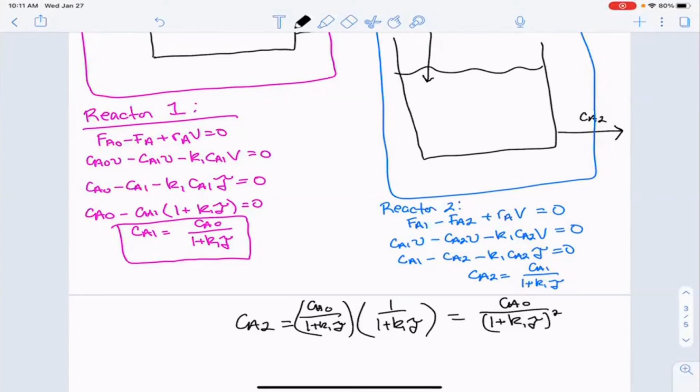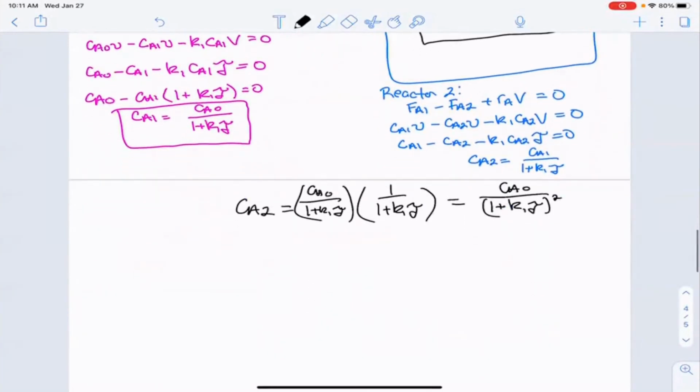So there's our concentration CA2 that is leaving. Now what we can do is consider what's happening for the overall process and look at that in terms of conversion, because we were asked what the overall conversion is if we had 2 of these in series.